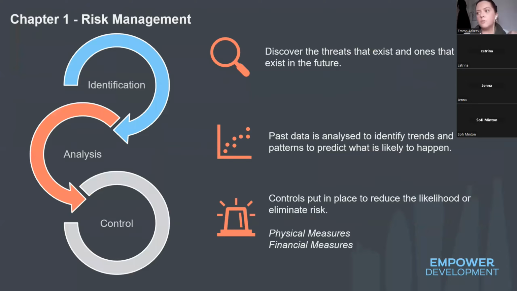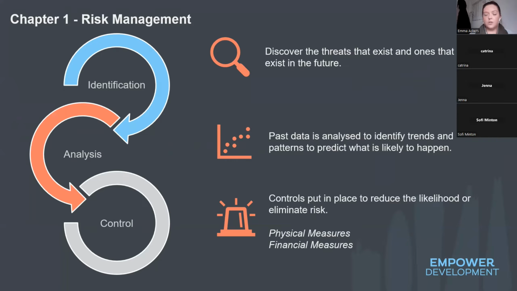So next thing, chapter 1 looks at risk management. So businesses and even insurance companies as well, they need to manage their risk. They'll look at trying to reduce potential for losses by managing their hazards.